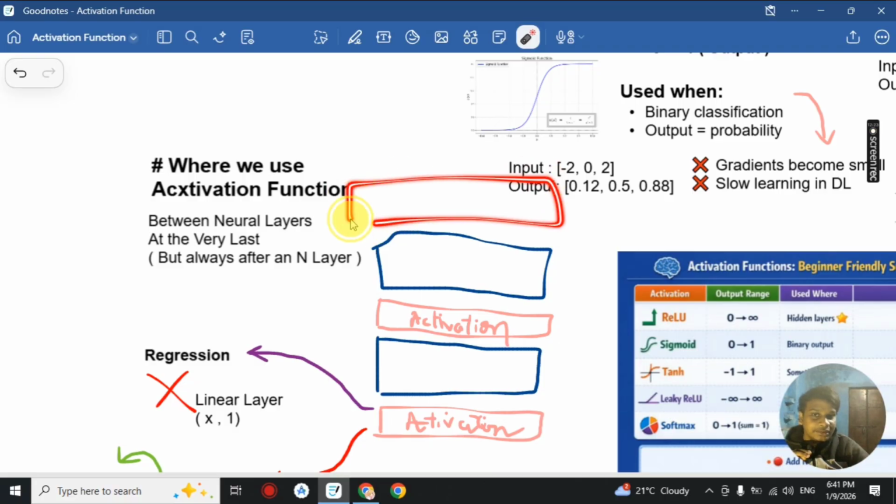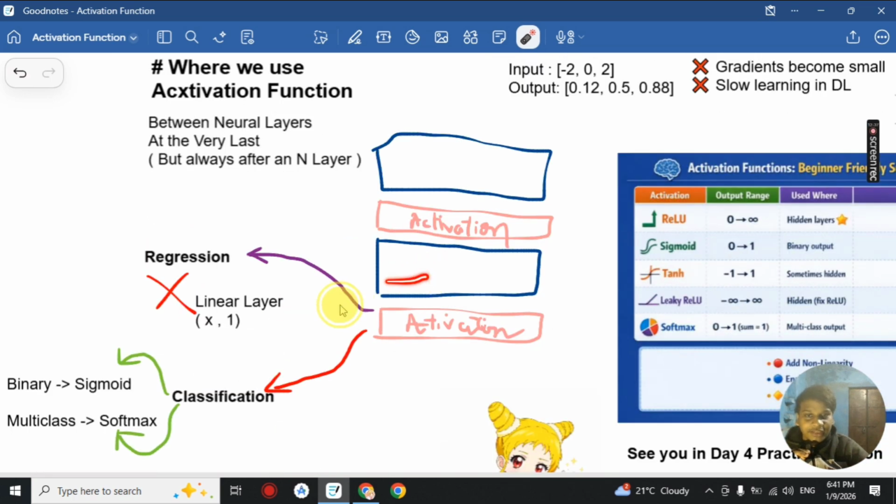It is always used after a neural layer only, so you must remember this. In the final output we use the activation function, but it depends on the task we are doing.